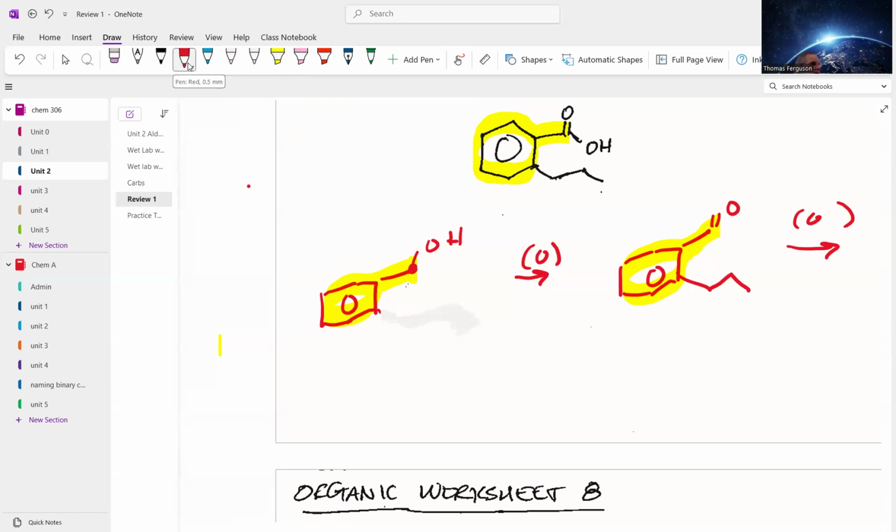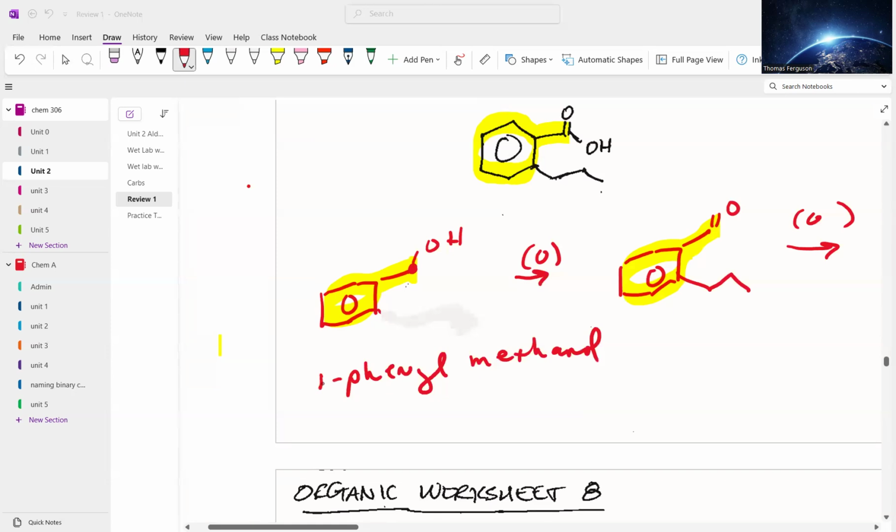So it's a 1-carbon alcohol with a phenyl branch. So it's phenylmethanol. And then if we wanted to add the original substitution out here, it would be 2-propyl-1-phenylmethanol. That makes sense?